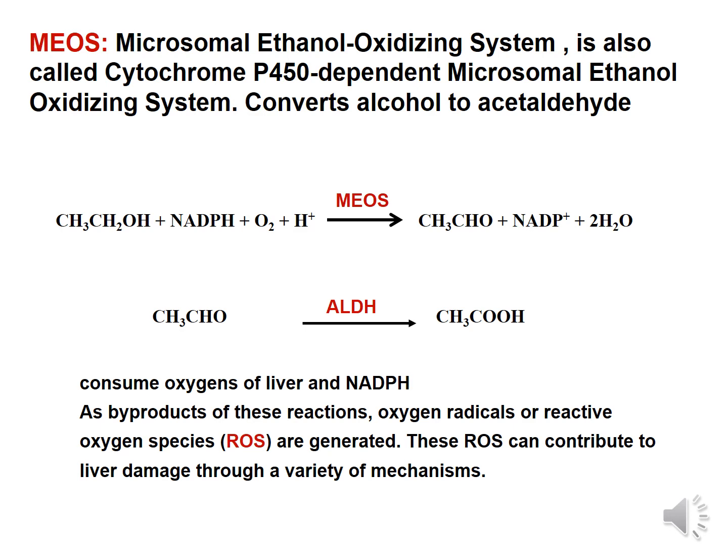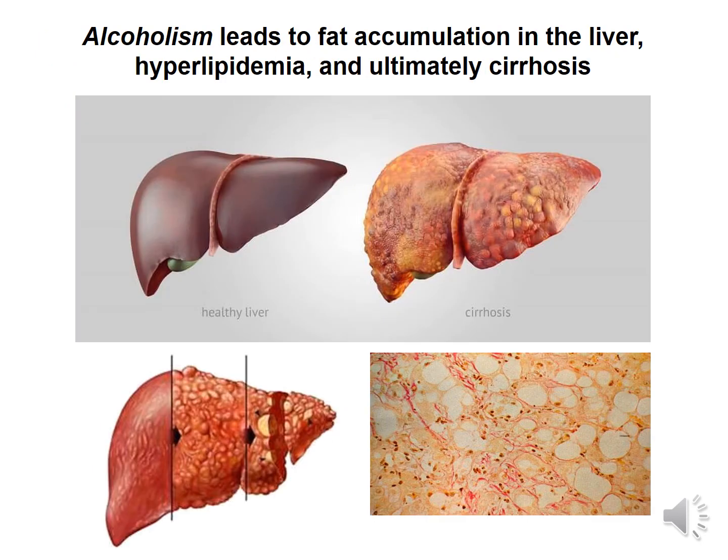This system consumes oxygen of the liver and NADPH. As byproducts of this reaction, oxygen radicals or reactive oxygen species are generated. These reactive oxygen species can contribute to liver damage through a variety of mechanisms. And alcoholism leads to fat accumulation in the liver, like you can see, hyperlipidemia and ultimately cirrhosis of the liver.